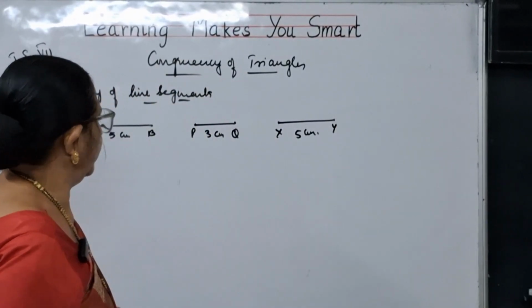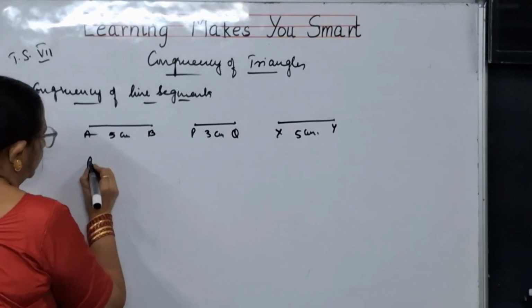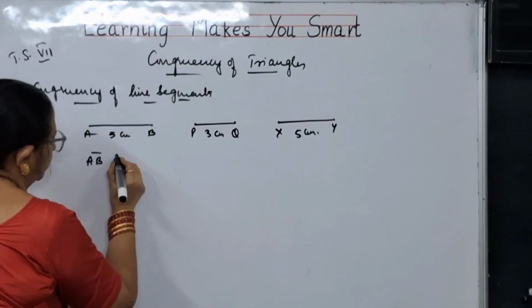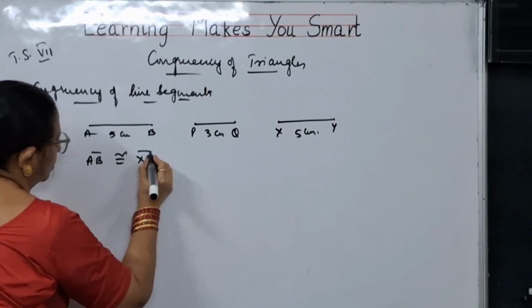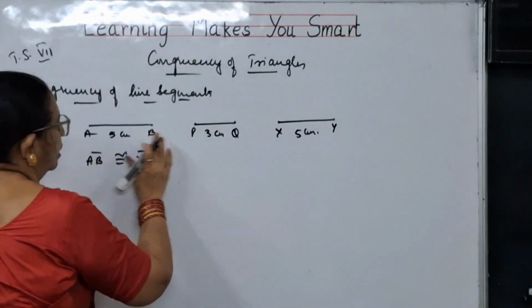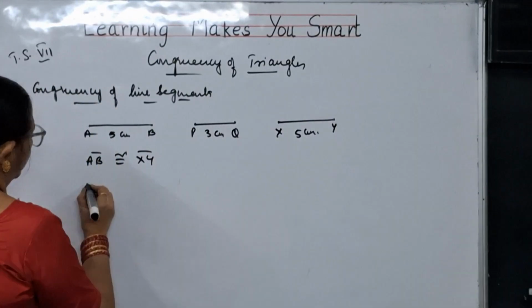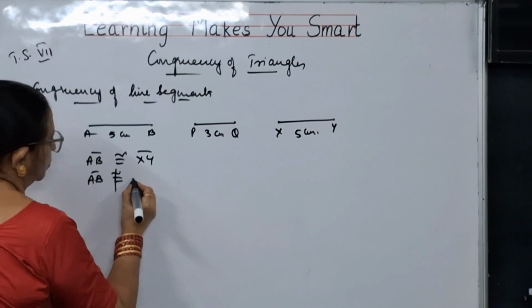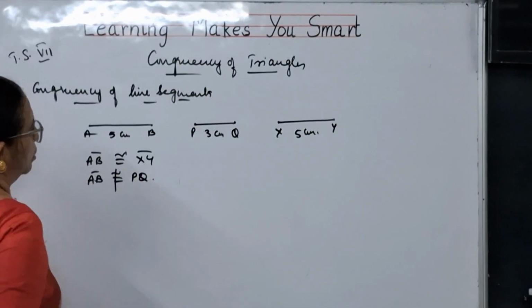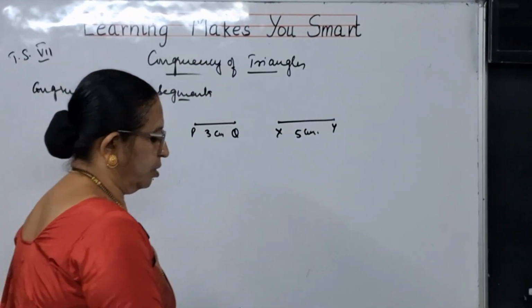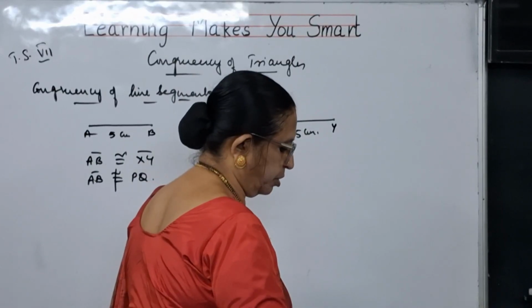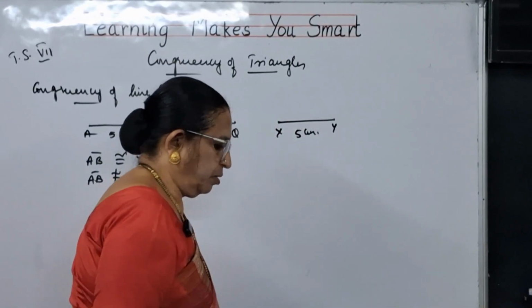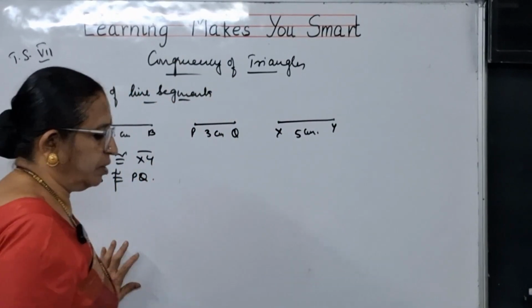So in this, we can say that line segment AB is congruent to line segment XY because they have the same measure, and AB is not congruent to PQ because they do not have the same measure.